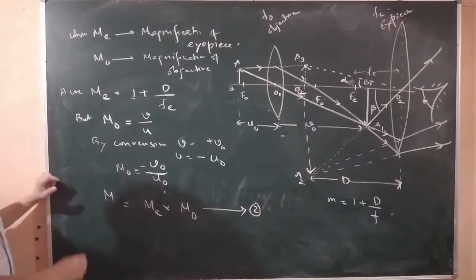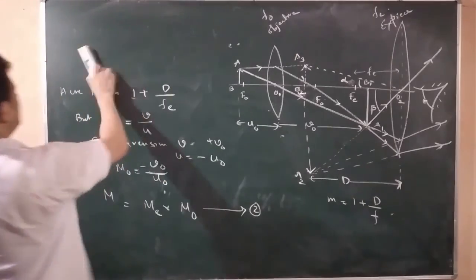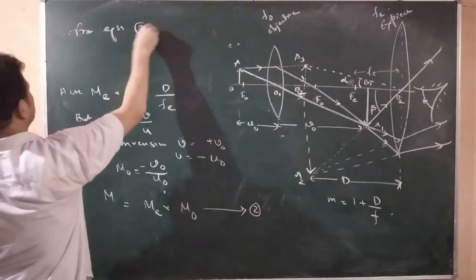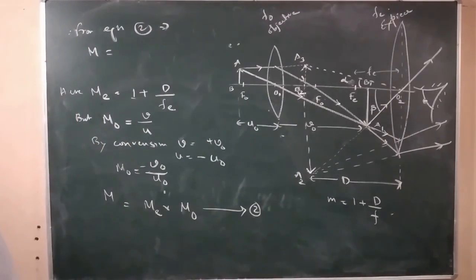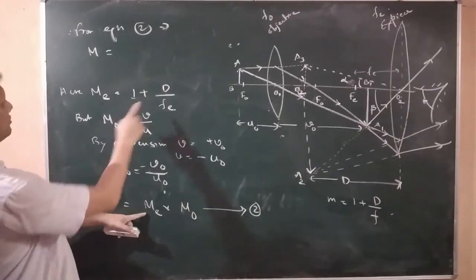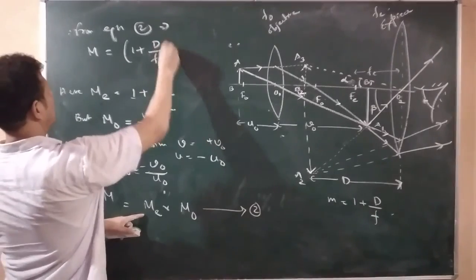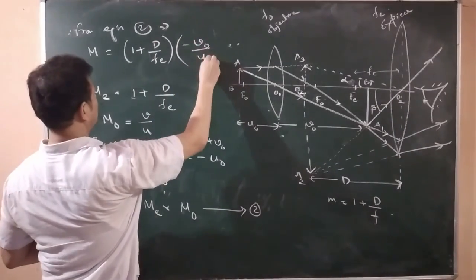Therefore, from equation 2, putting it in, what will the magnifying power M be? We have already obtained 1 plus d by fe, into what we got, minus v naught by u naught.